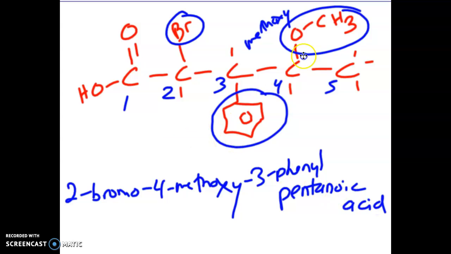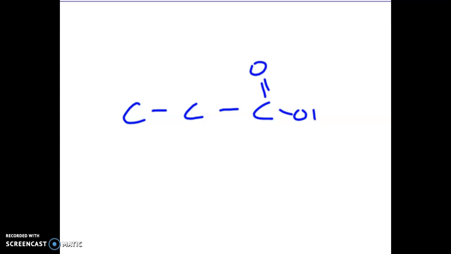Okay, so what about if I have an OH group on it though? Let's talk about that. Let's do an example. Okay, so now when you are doing numbering, normally your OH group takes priority for numbering purposes.